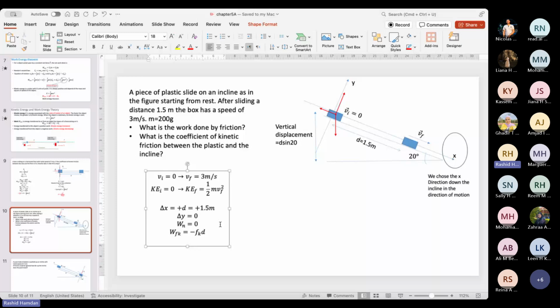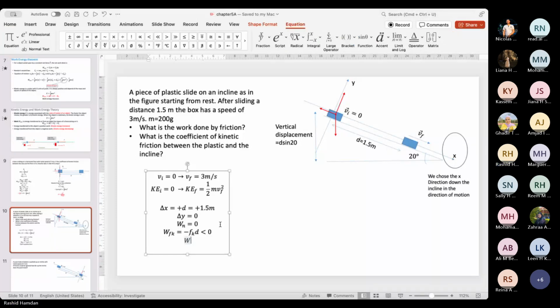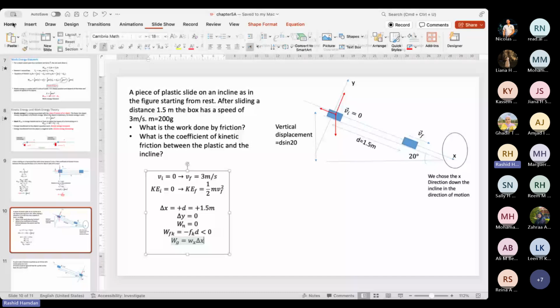But now the work done by the gravitational force is not 0 anymore, so it's wx delta x. Now wx is the projection of the weight on the x-axis.